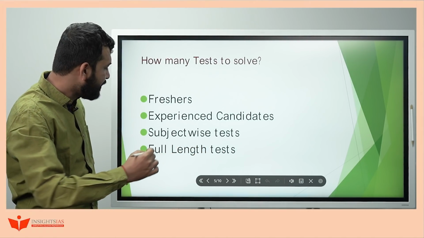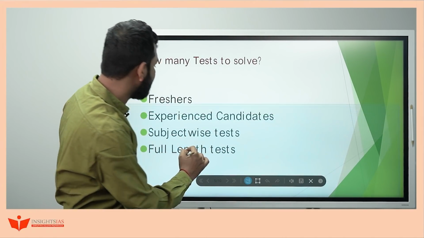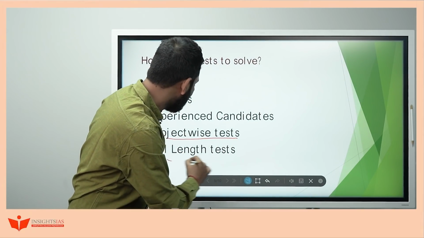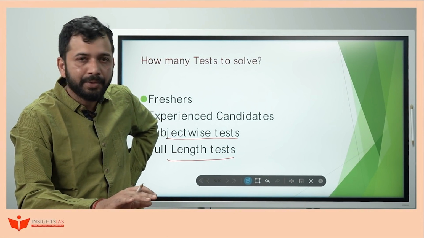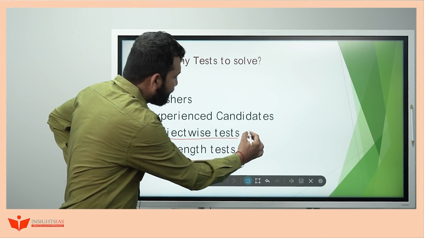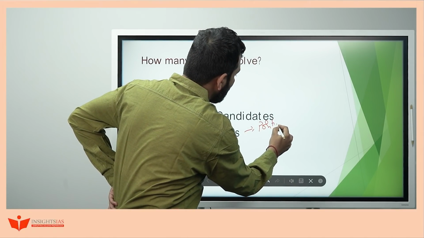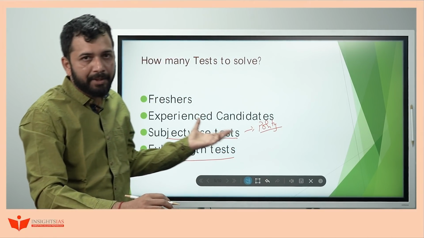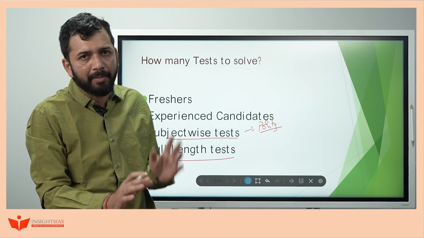Then whether we should do subject wise test series as well as full length tests. Here the basic idea of the subject wise test is, let's say I am good in polity. Once I complete revising polity, I solve 1 or 2 tests to make sure that I am doing fine.